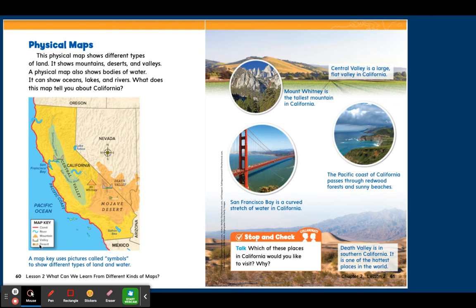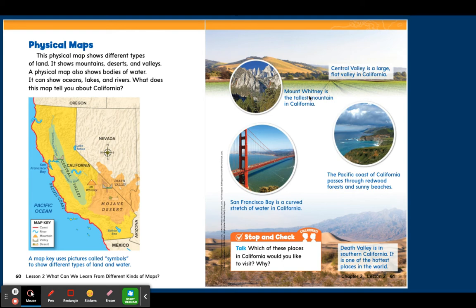Okay. Now, this right here, this symbol is the symbol of a desert. Okay, so the symbol of the desert. Go ahead and see if we can find the desert on the map. Yes, if you said right here, this is the desert. Okay, so Central Valley is a large flat valley in California. So this is one of the valleys that we have in California, and it's called Central Valley.